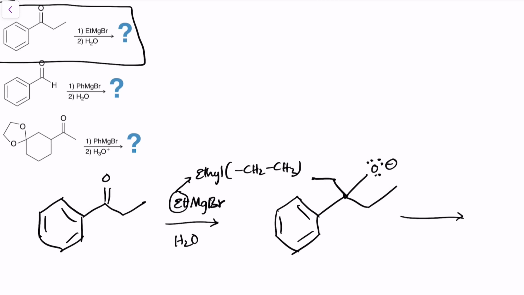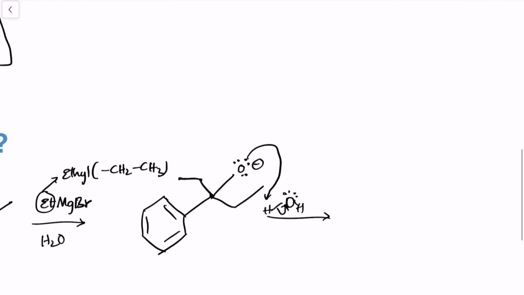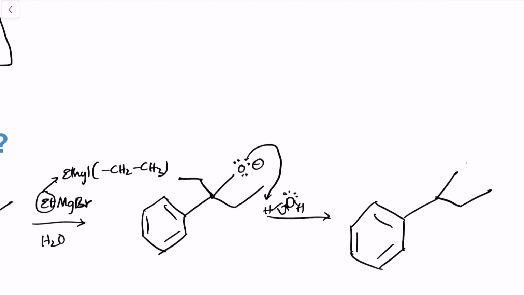Now under further hydrolysis in presence of H2O, the oxygen attacks the proton and gives the electrons back to oxygen, so that you end up with the final product: an OH here and an ethyl group on the same carbon.